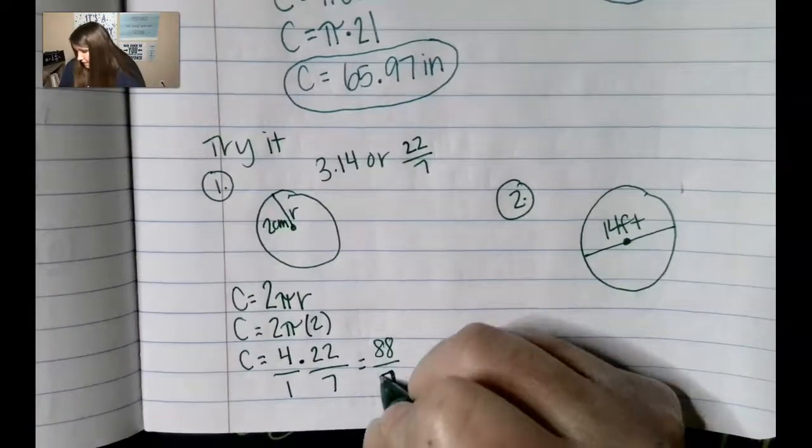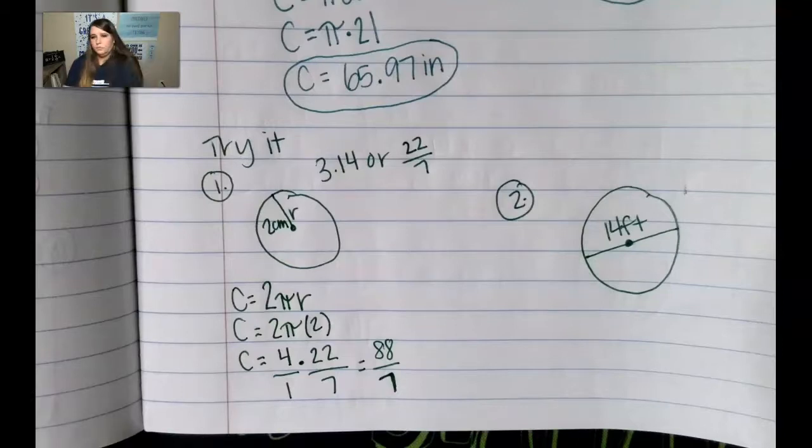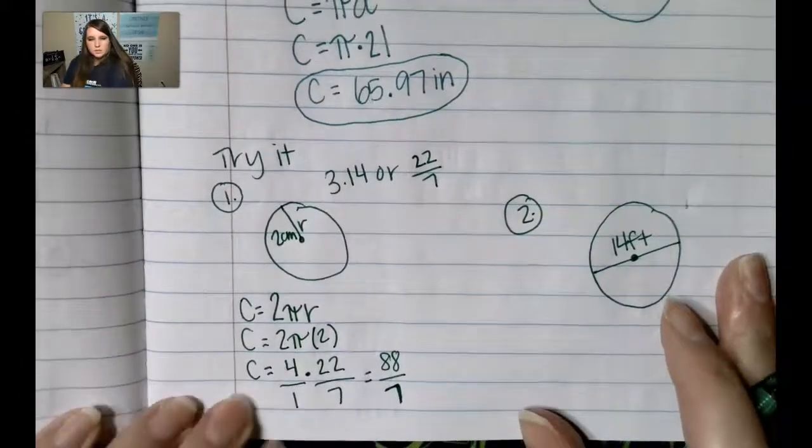77 is 11, so 11 would give us 77. And then 11, 12, 7 plus 3 is 84. So that uses up 84.